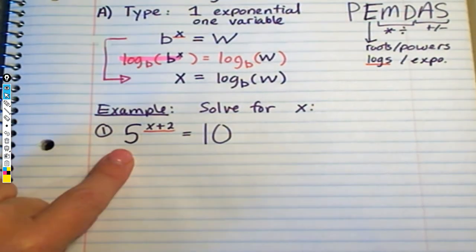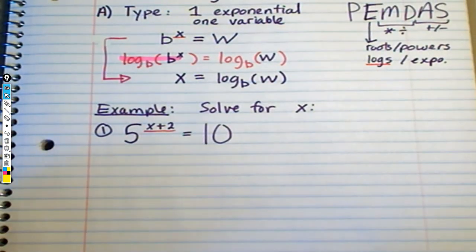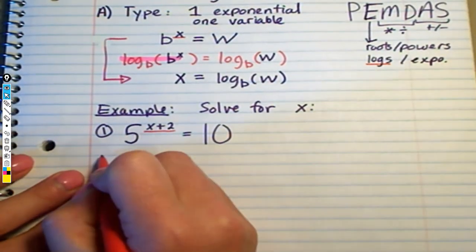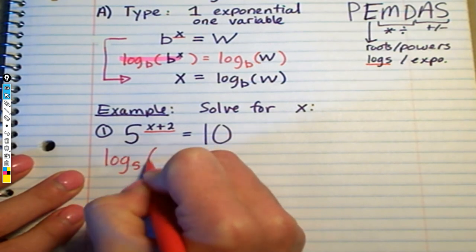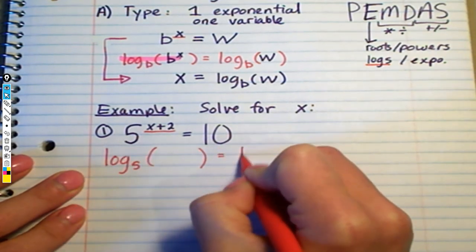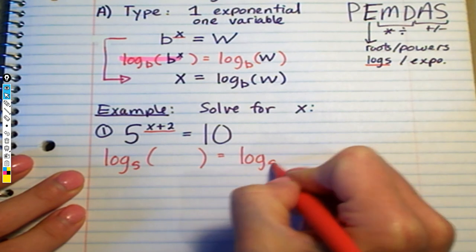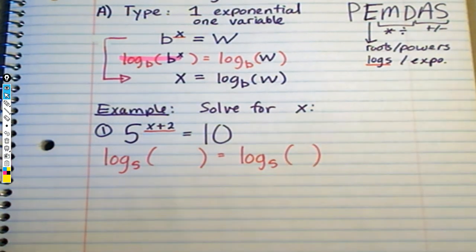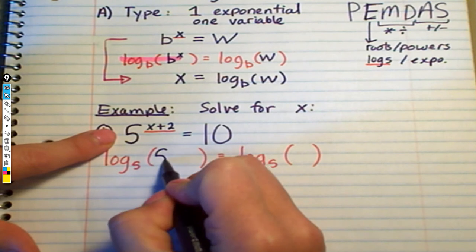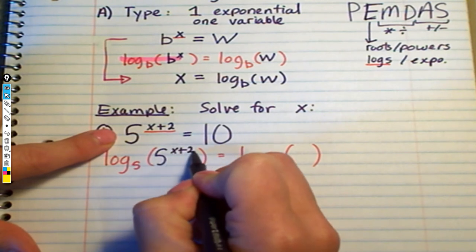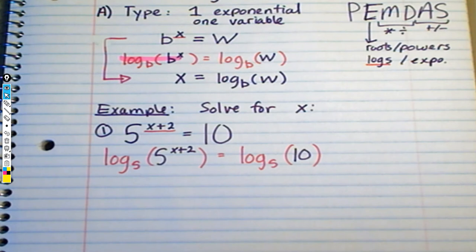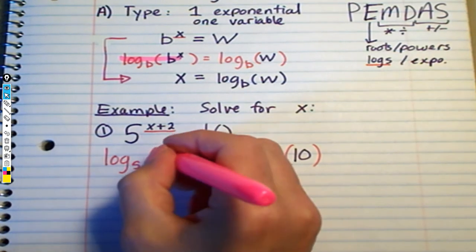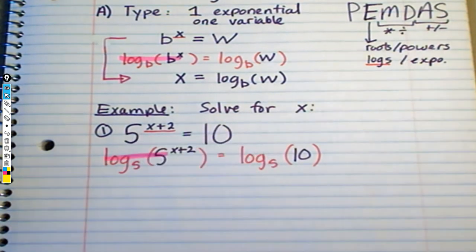All right, so I have a single exponential, a single x, and I would like to solve for x. So I'm going to start by taking log base 5 on both sides of the equation. Okay, notice how I write the log base 5 and then I just fill in with what was on the paper, equals, here's the other side, and I simplify using that inverse property.